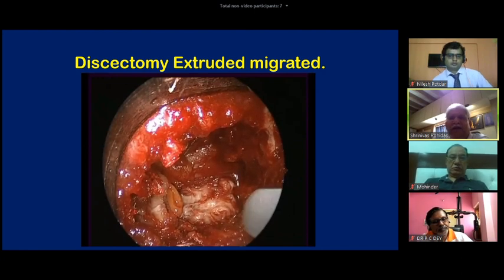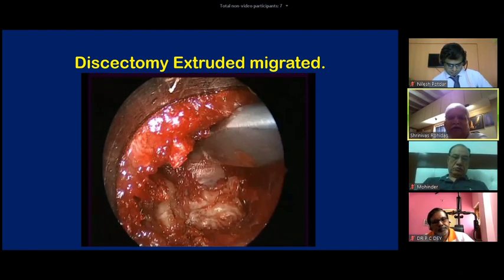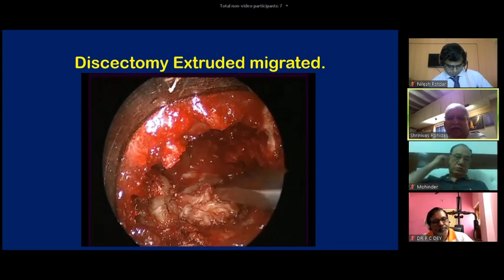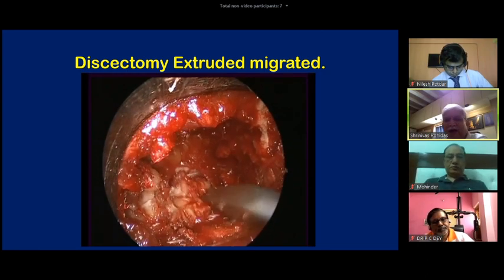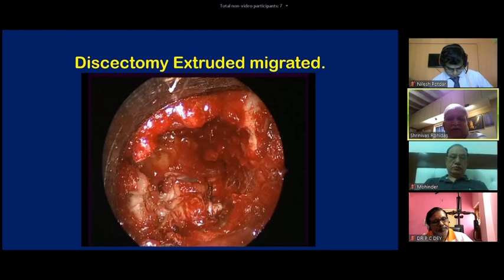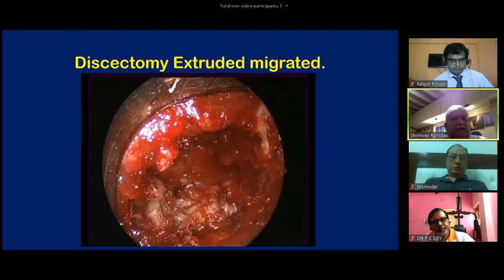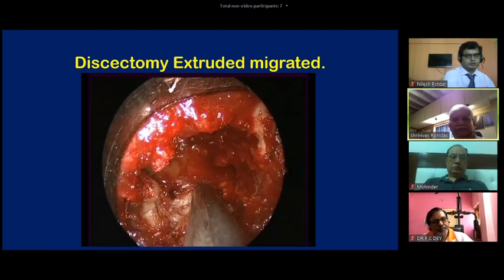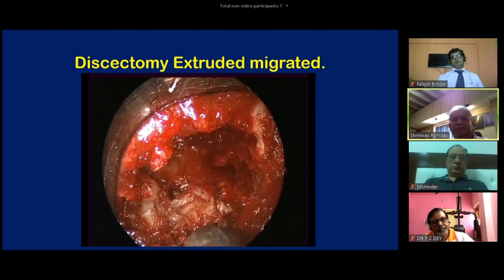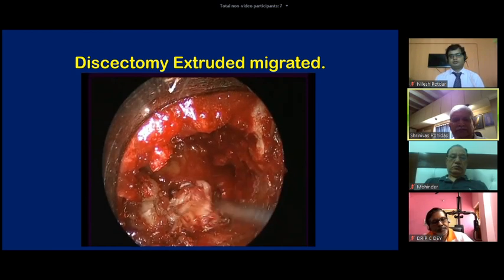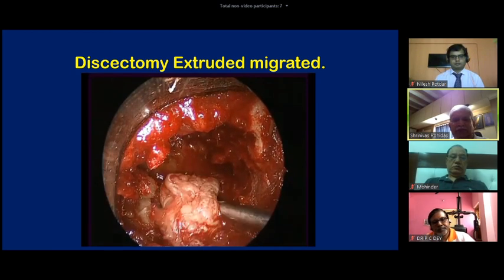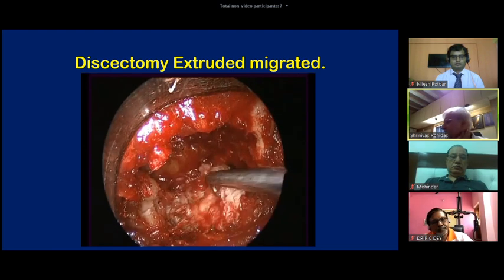When the cranial end is at the right hand of the surgeon or the screen, it is right sided. When the cranial end is at the left hand, it is the left sided approach. This is a huge extruded disc.